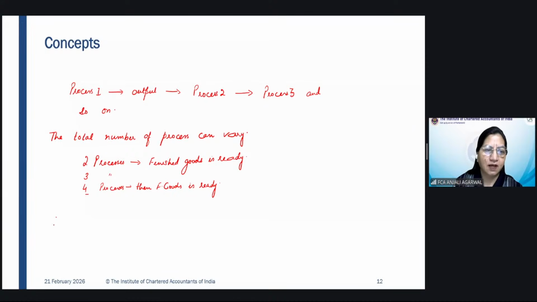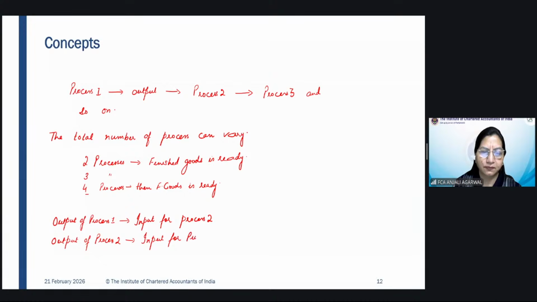So the output of process 1 goes to process 2, and is the input for process 2. Output of process 2 is the input of process 3, and so on.